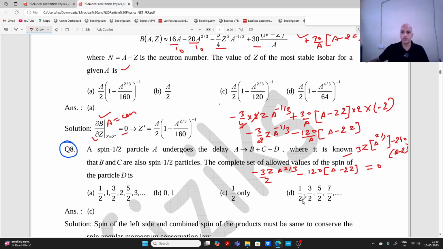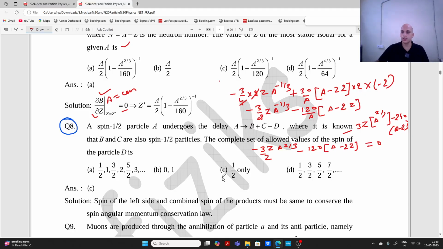Space is limited, so I can use it here, I'm writing it here. So it will become minus 3z a power 2 by 3 minus 240 into a minus 2z, right, is equal to 0.